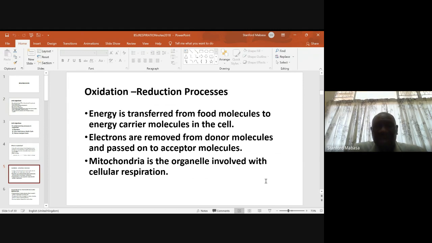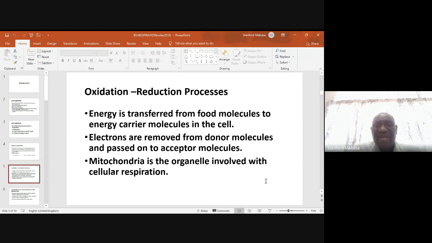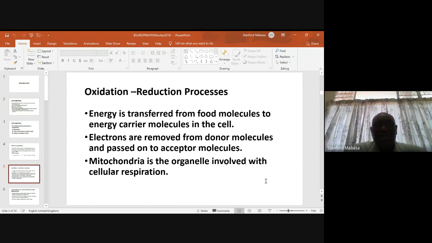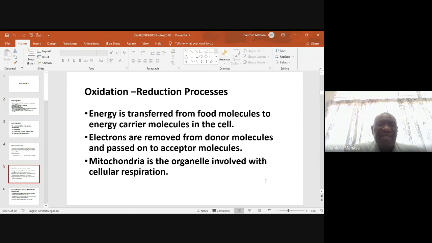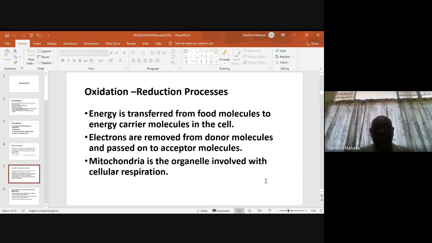Mitochondria is the organelle involved with cellular respiration. With photosynthesis, it was the chloroplast which was important. Now with cellular respiration, the mitochondria is the organelle which is important.